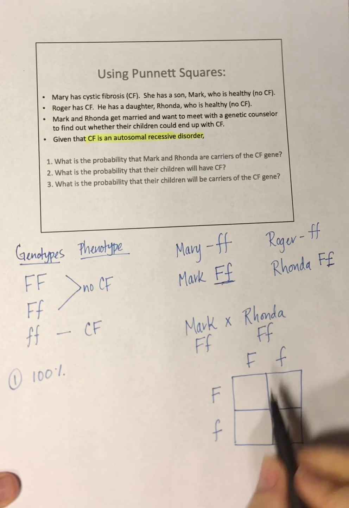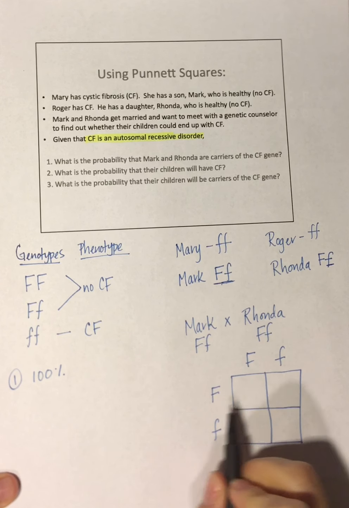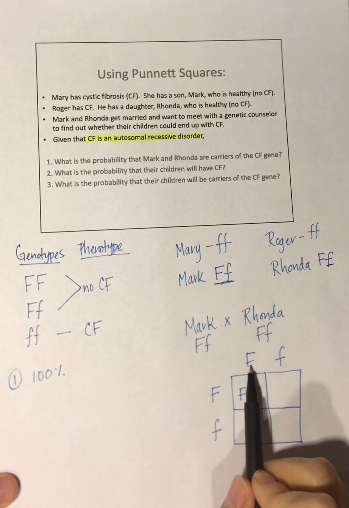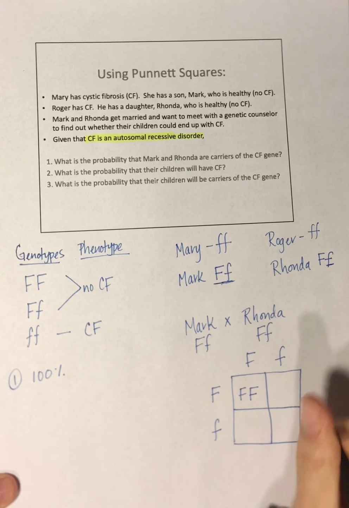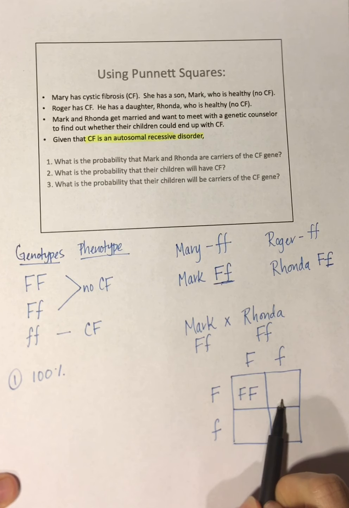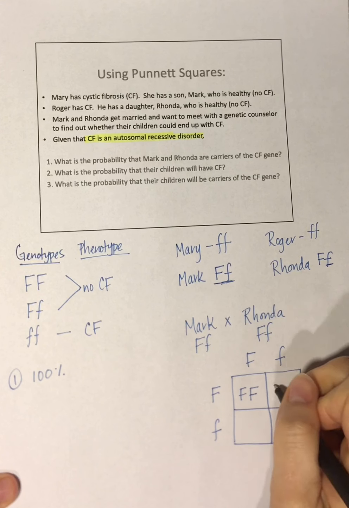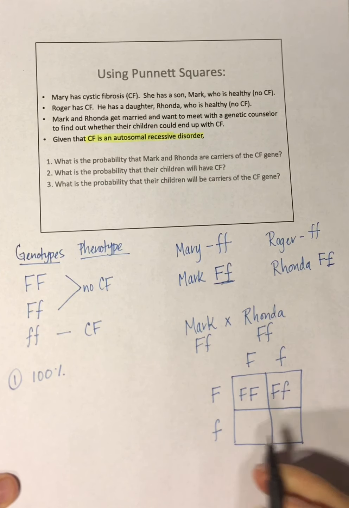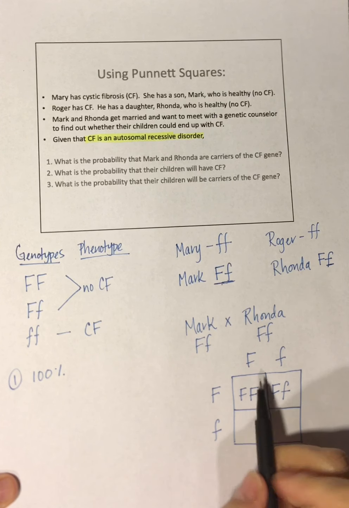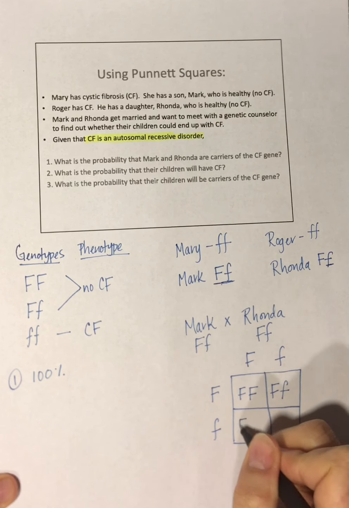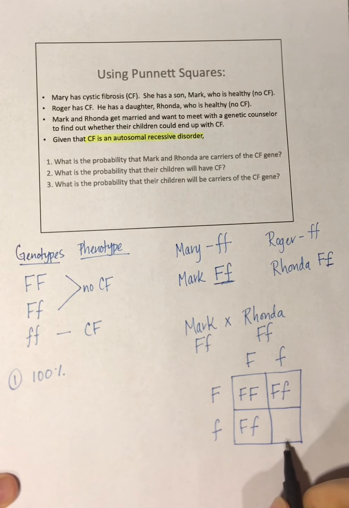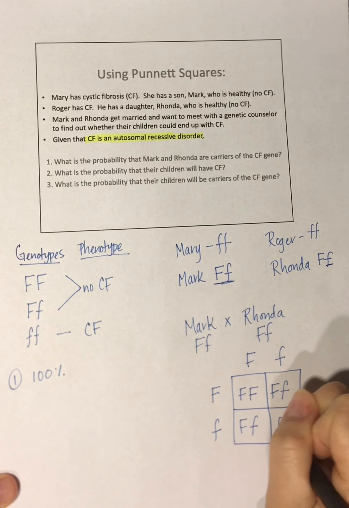Now to fill in this Punnett square, this first quadrant is inheriting a dominant allele and a dominant allele. This quadrant here is going to get a dominant allele and a recessive allele. This quadrant is going to inherit a dominant allele and a recessive allele. And this quadrant is going to inherit 2 recessive alleles.